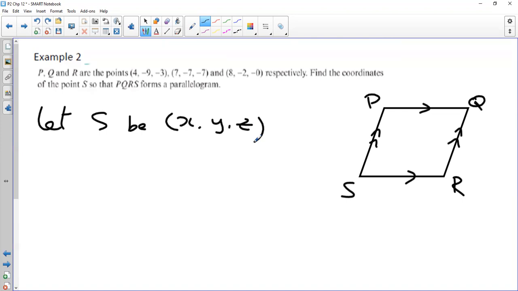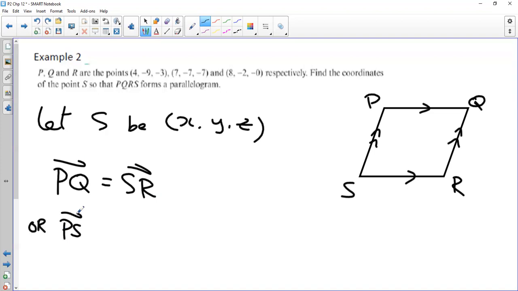You can make them equal each other. Yep. So opposite sides are equal and parallel. So therefore, we can say PQ will be equal to SR, or we can say PS will be the same as QR.